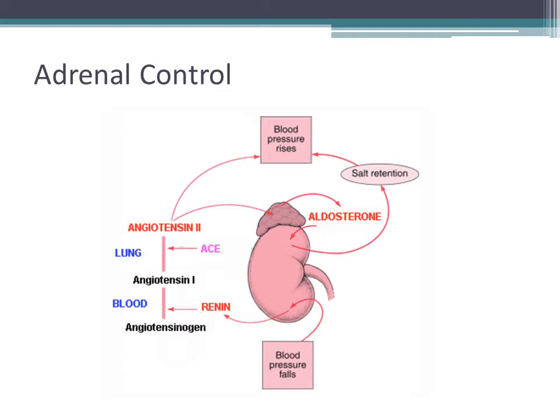Angiotensin 1 then gets converted into angiotensin 2 in the lungs under the influence of ACE, angiotensin converting enzyme. And angiotensin 2 stimulates the aldosterone production from the adrenal gland, which in turn retains salt and thus increases the intravascular volume, and would lead eventually to a rise in blood pressure.